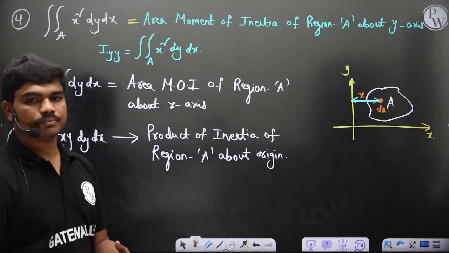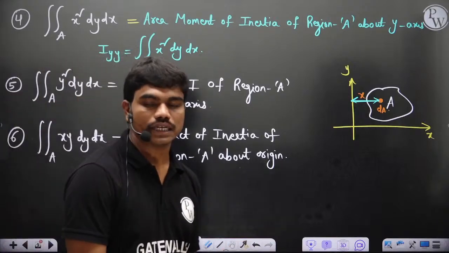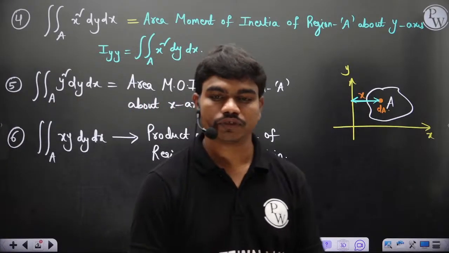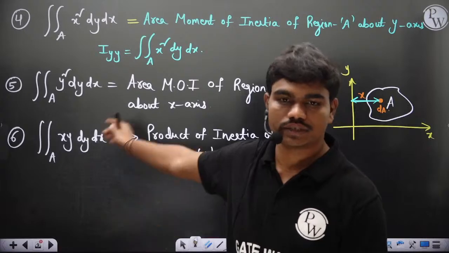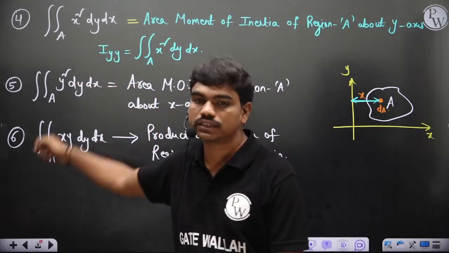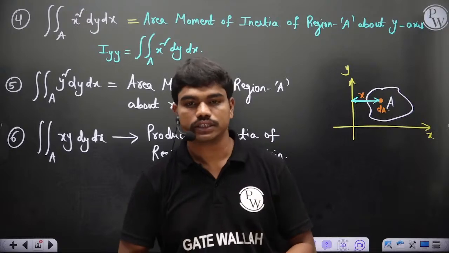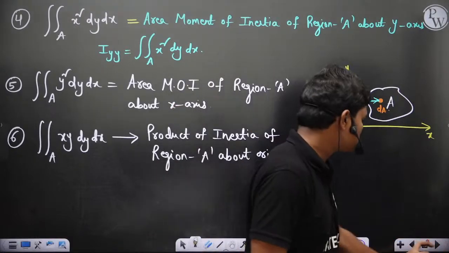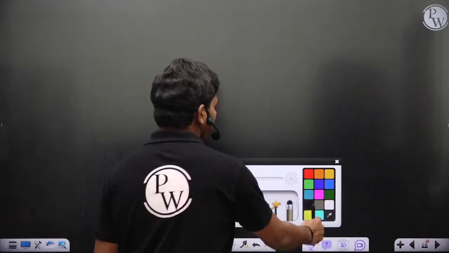In fact you can keep generating many complicated applications, but normally the day-to-day examples which we encounter in all the technical subjects use one of these things. Using double integrations, the function is either x square or y square, calculating moment of inertia, all these things. Okay, so let's try to solve one example.